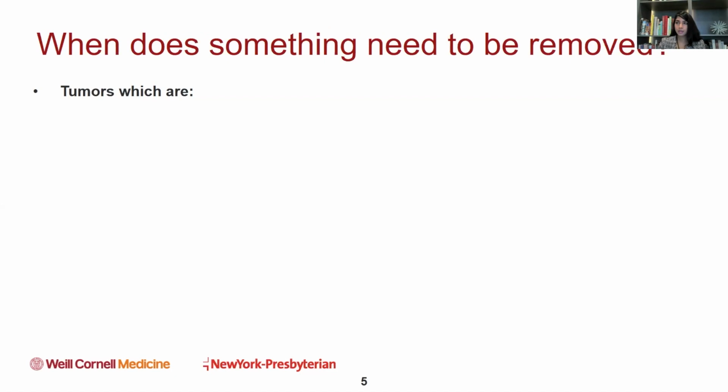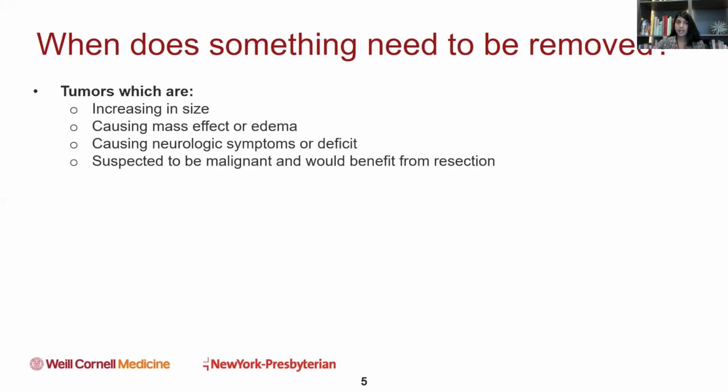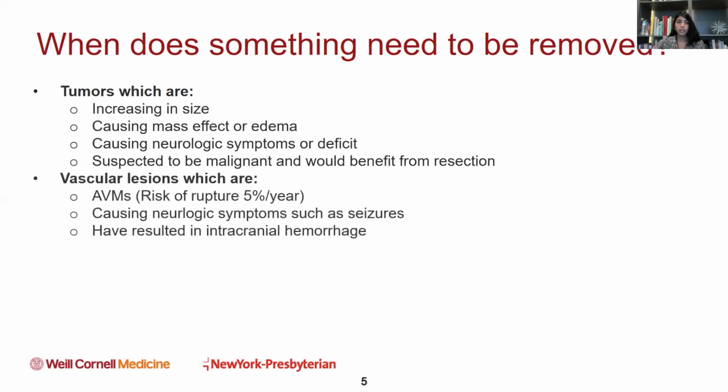So when do we need to take something out? Tumors that are increasing in size, creating mass effect, or creating swelling in the brain, which we call edema, causing new neurologic symptoms or a neurologic deficit, or any tumor that we would expect to be malignant that would benefit from resection. We remove vascular lesions.